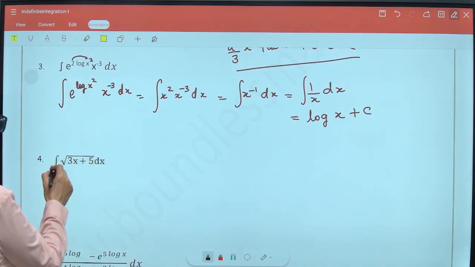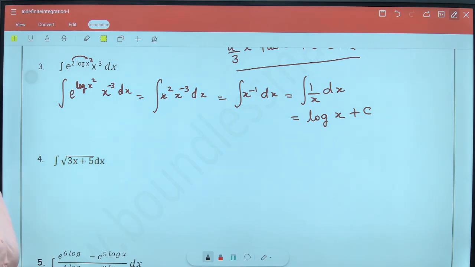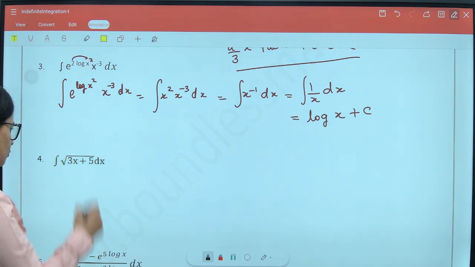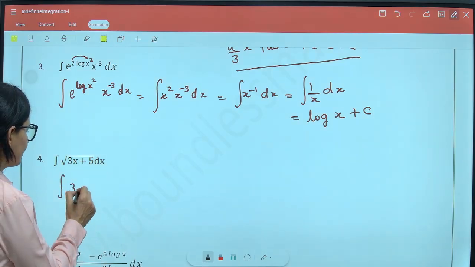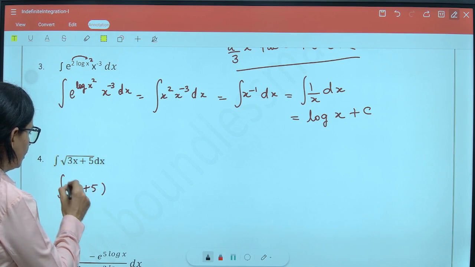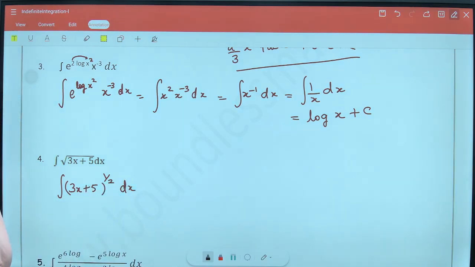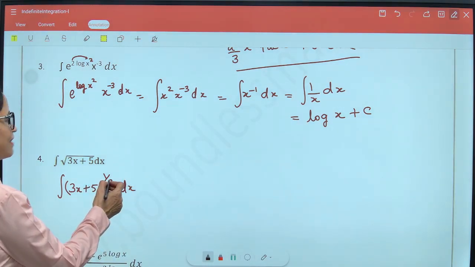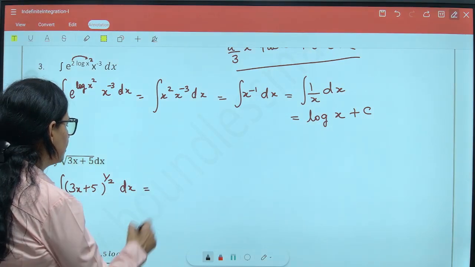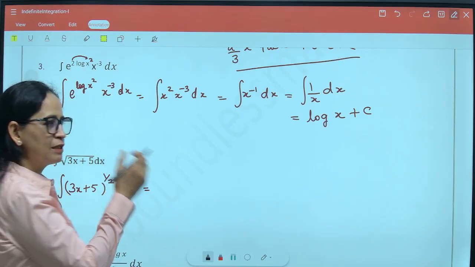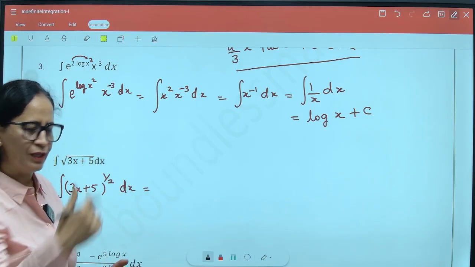Okay, let's come to the next one. Now here we need to find the integral of the square root of 3x plus 5. The entire expression is under the root. That means (3x plus 5) raised to the power 1 by 2 dx. Now this is n, so x to the power n becomes x to the power n plus 1 upon n plus 1.